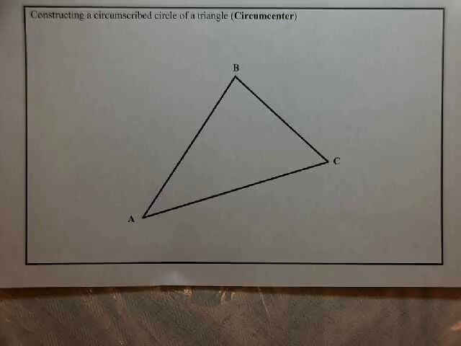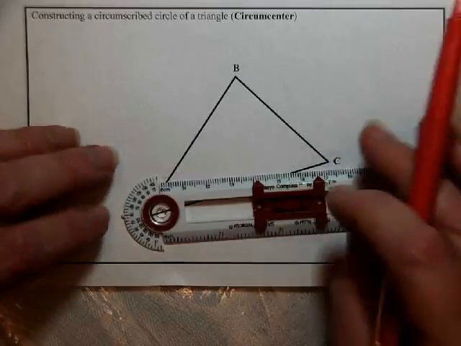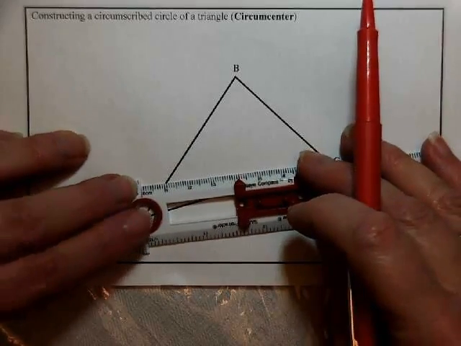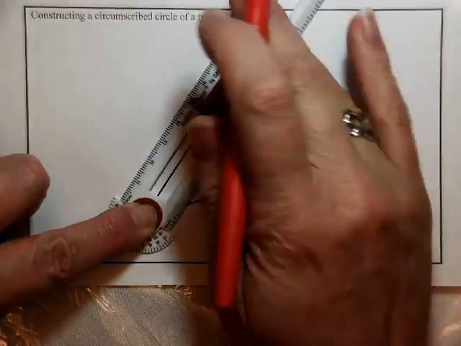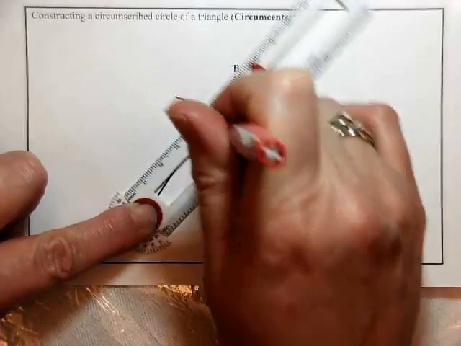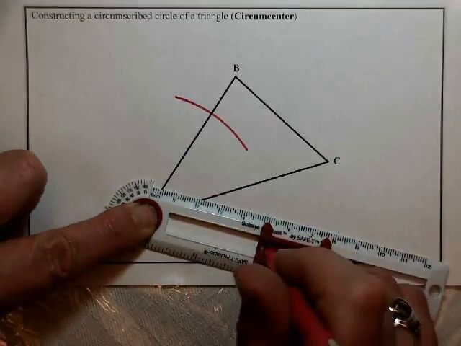So we're going to do this construction next because it is going to use perpendicular bisectors, and we've already gone over that concept. When we create these perpendicular bisectors, again, we're going to go to the endpoint here, and we're going to put an arc above and below the line.